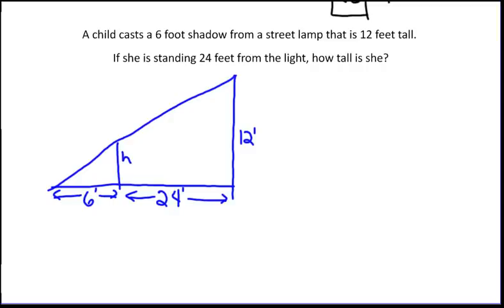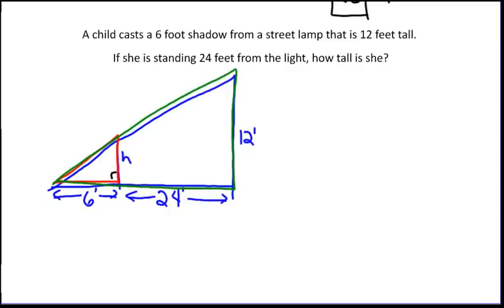Once again, we do have two similar triangles. We have a small triangle, which I have as red here, and we have a larger triangle, which will be green. These triangles are similar because the angles are equal.